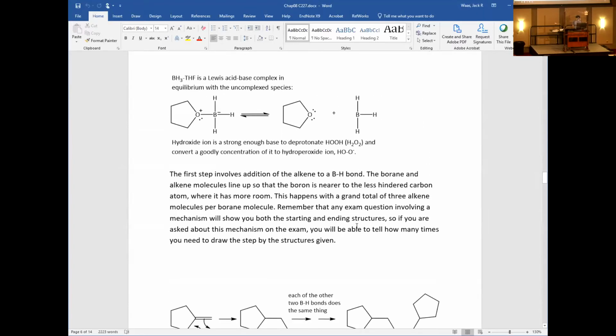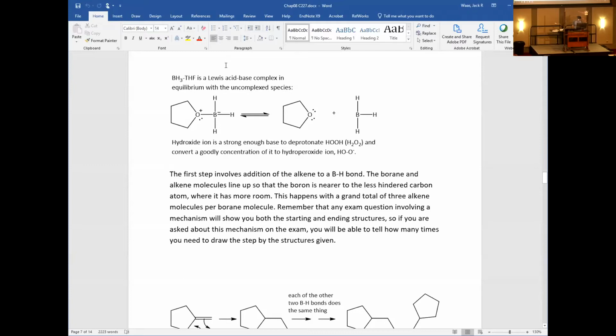Good. So as I said, a quick understanding of the players here. Borane THF, you might also see BH3·THF, same thing. It's a Lewis acid base complex. And it's almost a shame that THF, sodium borohydride, and BH3·THF are almost all mentioned in the same breath at first for you guys.